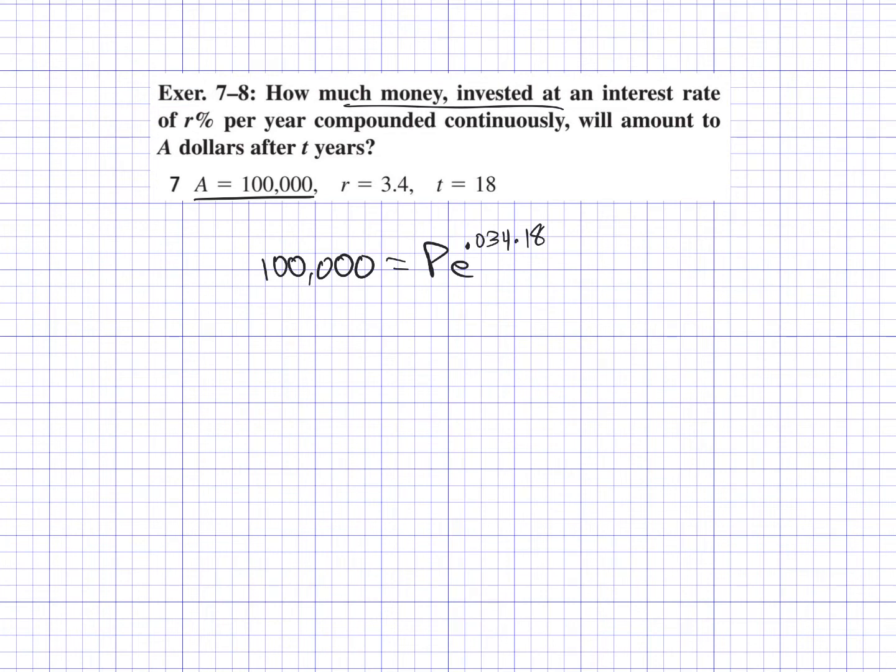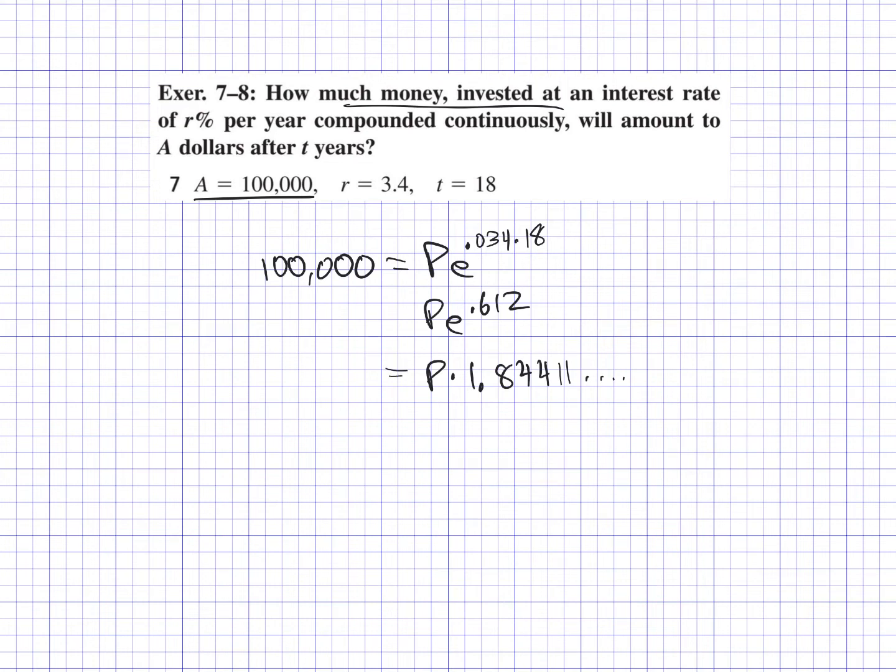Okay, so again, 0.034 times 18, that gives you 0.612. So e raised to that is 1.84411... Just keep going. So we take 100,000.